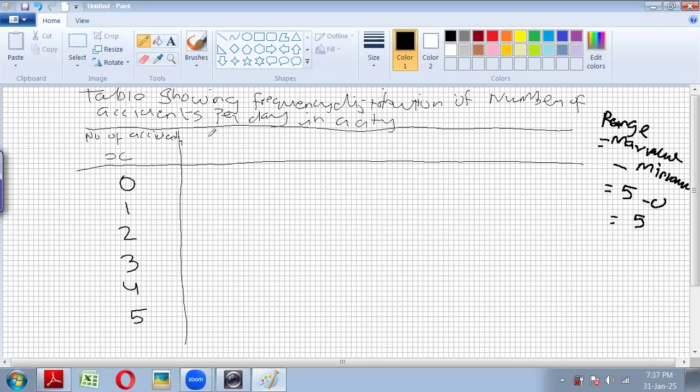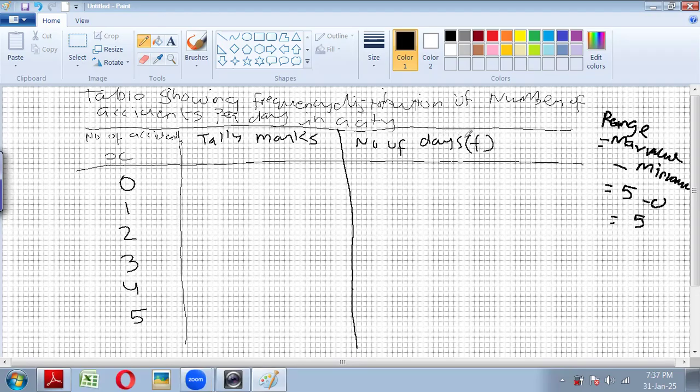Here we will write down tally marks, and the final column is number of days, that is called F.